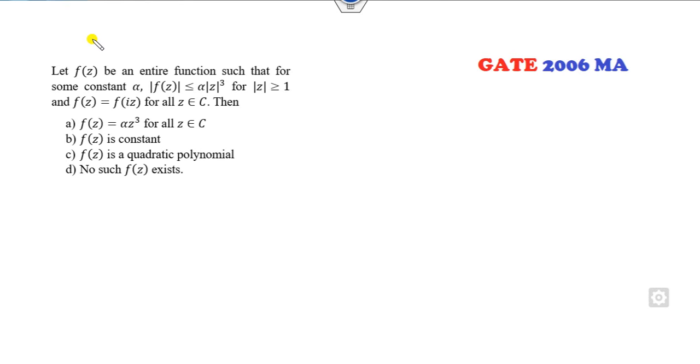Okay, look at another one. F is given to you as such, and the function is analytic, or entire.